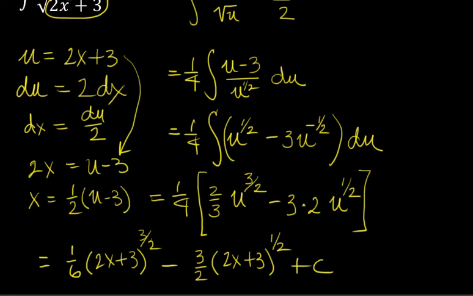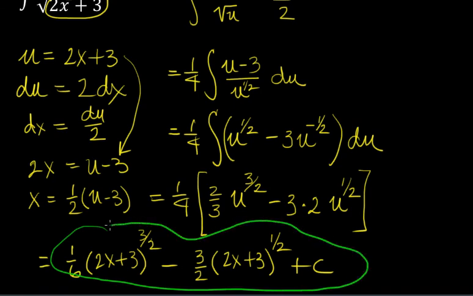So that is my antiderivative. Again, I won't do it in a video, but if I had time, I would differentiate that and see if I got back to my integrand.